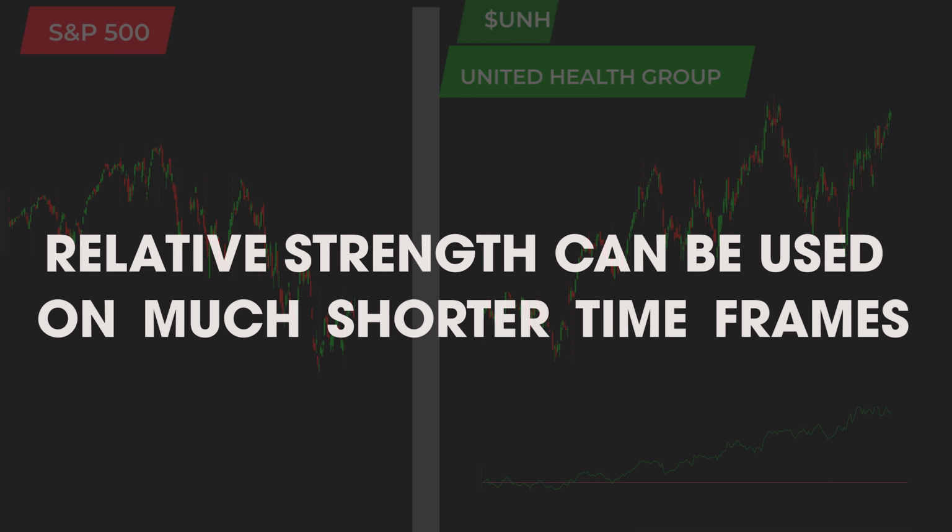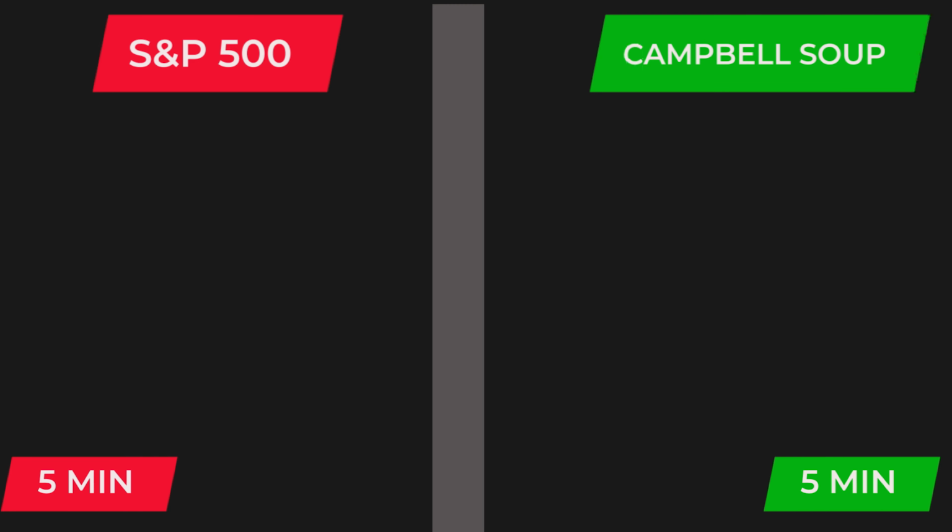Relative strength can also be used by day traders on a much shorter time frame. On the left is the intraday 5-minute chart for the S&P 500 on July 26, 2022. On the right is the 5-minute chart for the Campbell Soup Company on the same day. When the market opens for the day, the overall market is in a downtrend.